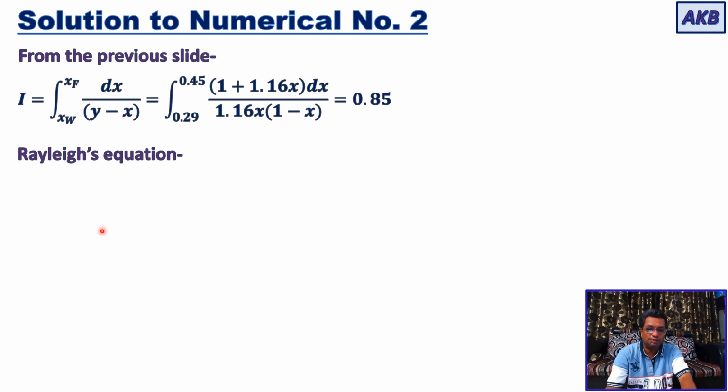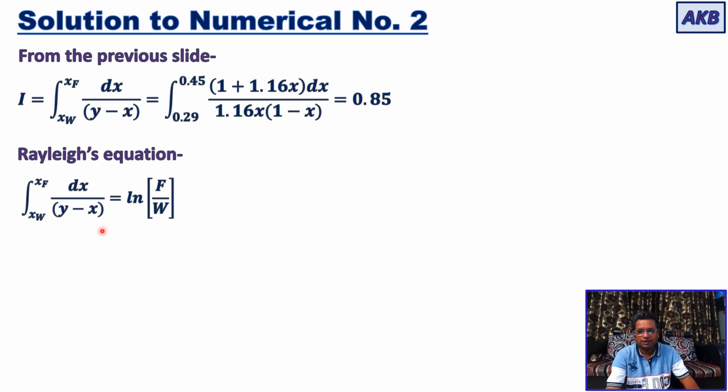You can just watch my previous two videos and compare the values, what value we got if we solve the integral analytically, and then what is the value that you get if you solve it graphically. You can compare.